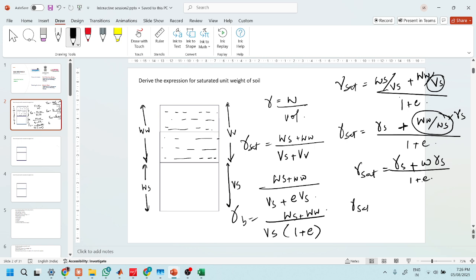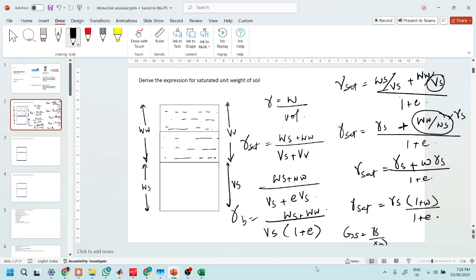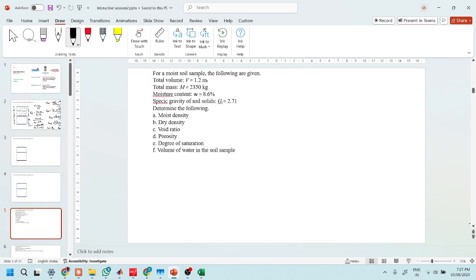Gamma saturated will be gamma s times 1 plus w over 1 plus e. You know that Gs is equal to gamma s by gamma w. So we get gamma sat, which is equal to Gs gamma w times 1 plus w divided by 1 plus e. So that will be the unit weight expression actually.